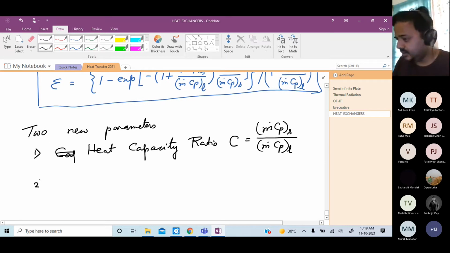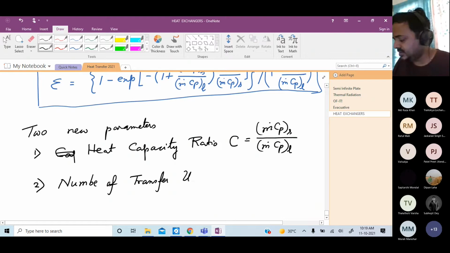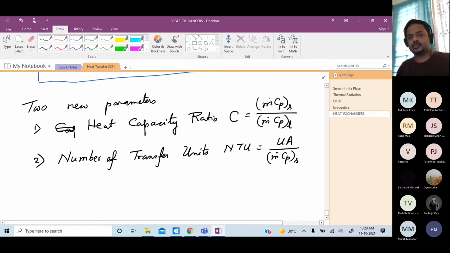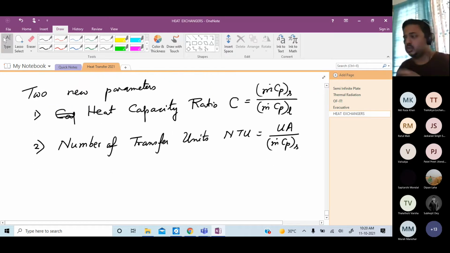The other one is where the second part of the term of this method comes in. It's called number of transfer units, NTU. And what is that? That is UA divided by m dot Cp, the smaller value. Okay. So the epsilon depends on these two, primarily these two.